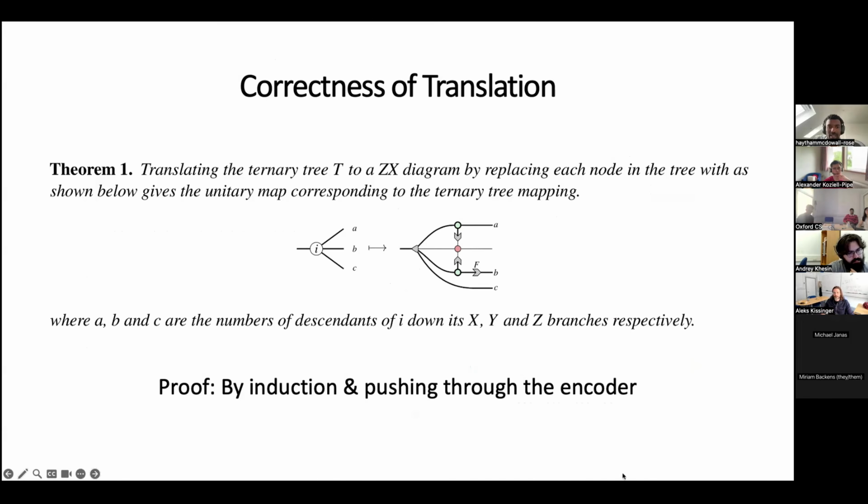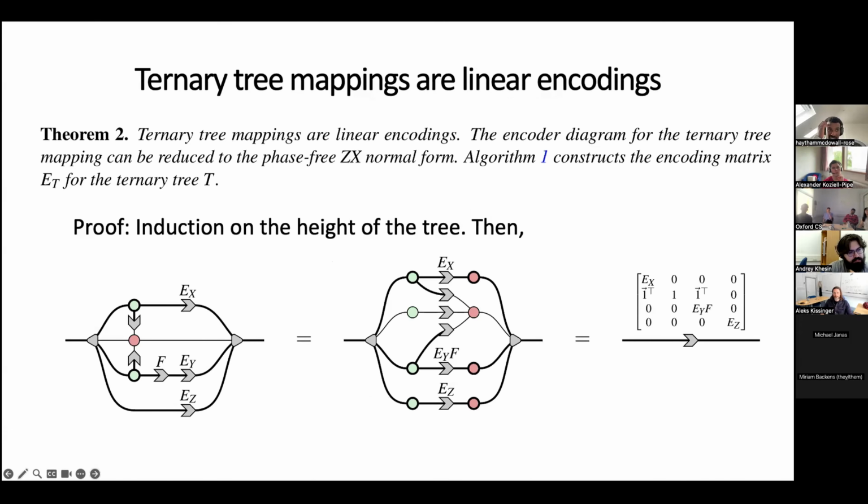Okay. So this is proven in detail in the paper. You can read the proof of why this is correct, but I've sketched the idea of how you do it. It's by pushing through the encoder, which is a great technique. And this is our other theorem, which tells us how we can go from a ternary tree to a linear encoding.